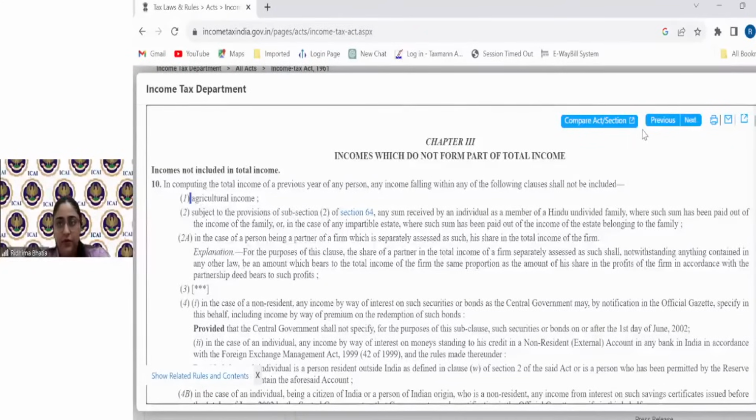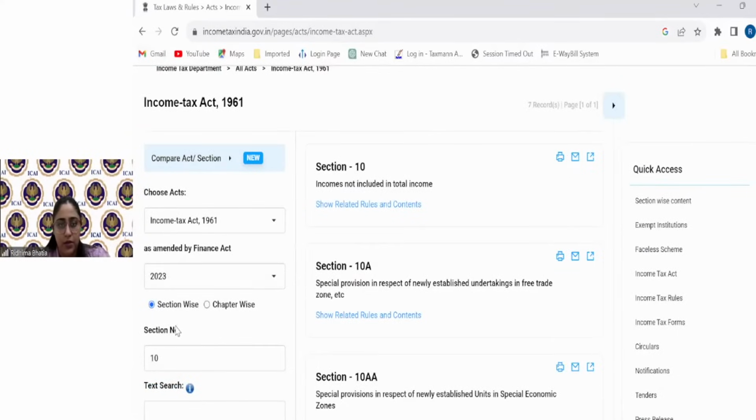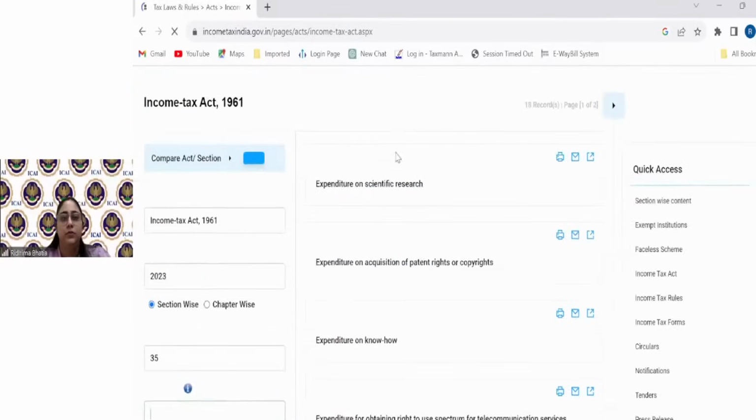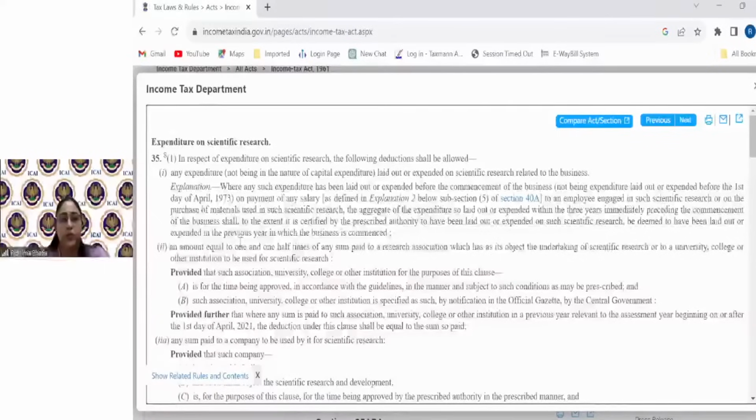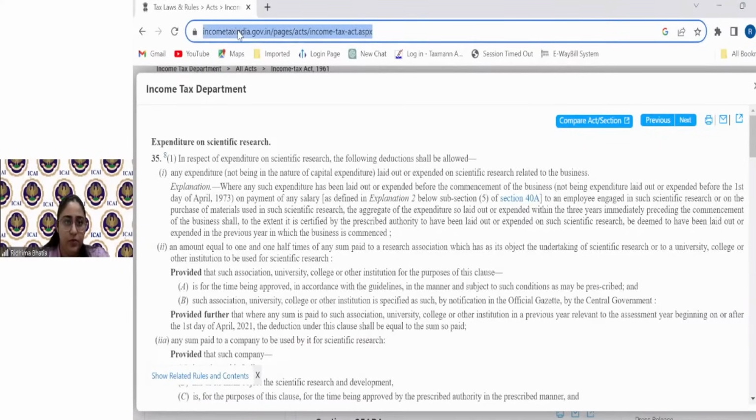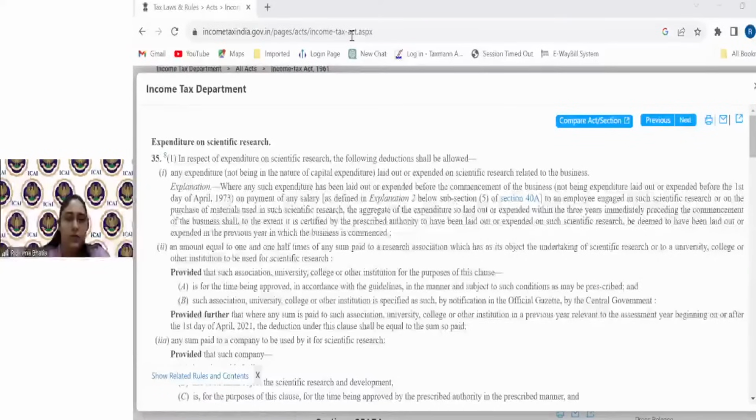But if I open another section for you, one second, say Section 35. इसको हम पढ़ेंगे Section 35 subsection 1. Now you will ask, ma'am, what is the difference in both of these? Why are we saying Section 35 subsection 1, and वहां पे we are saying Section 10 clause 1?